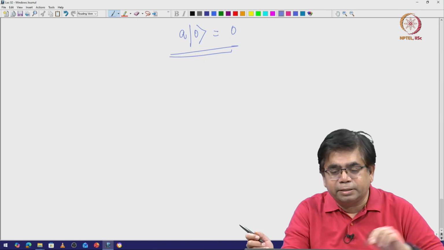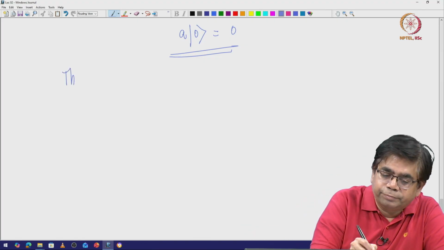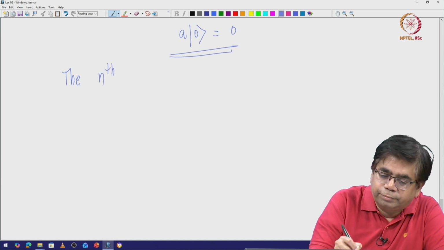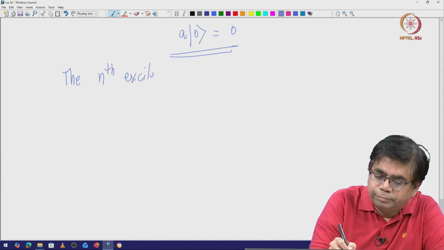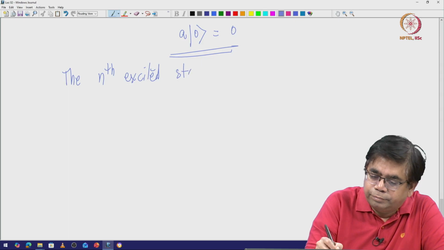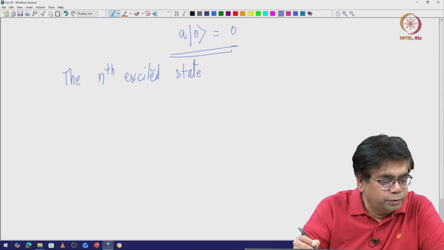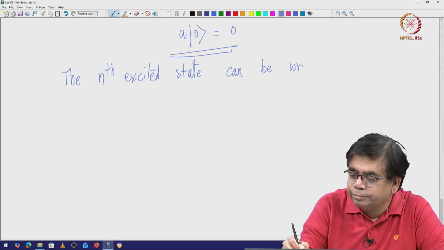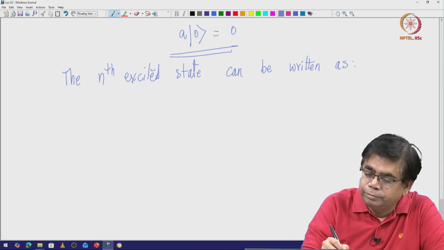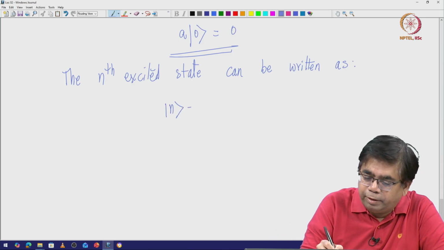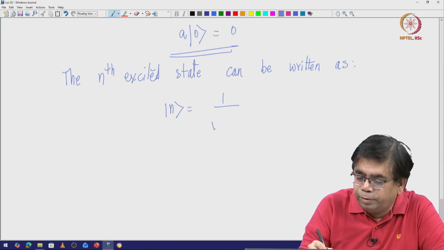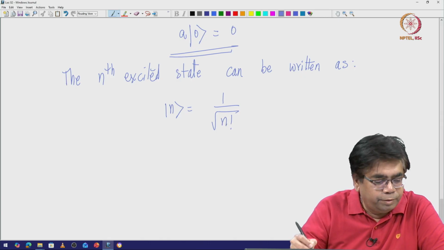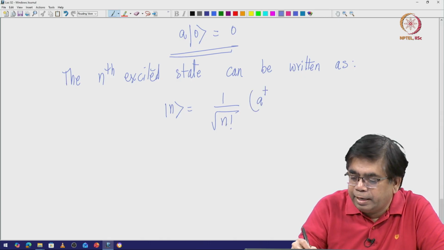Okay. So, now you can define an nth excited state. The nth state is equal to 1 by root n factorial times A dagger acting n times on the vacuum.